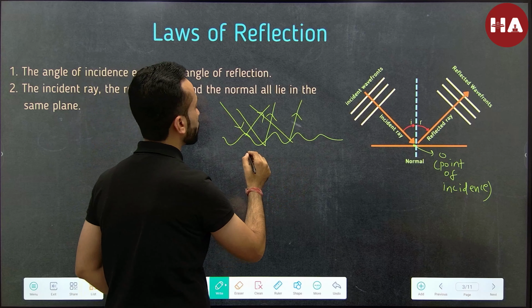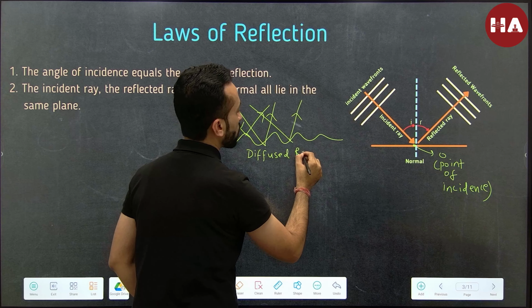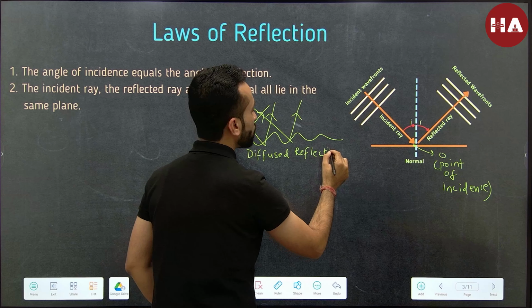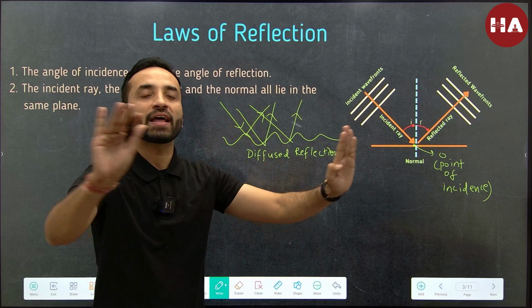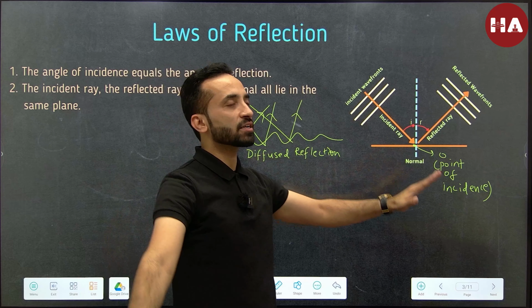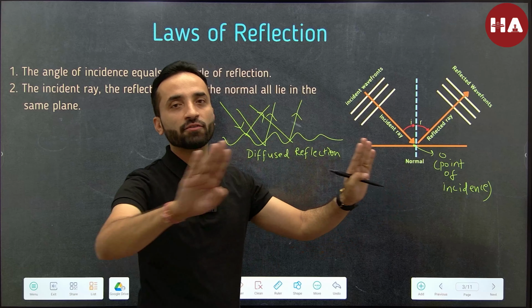This is called diffused reflection. Just for your knowledge, if you want a good amount of intensity of light after reflection, you need a flat, finished, shiny surface like a mirror. A mirror is a silver surface which is covered with glass.